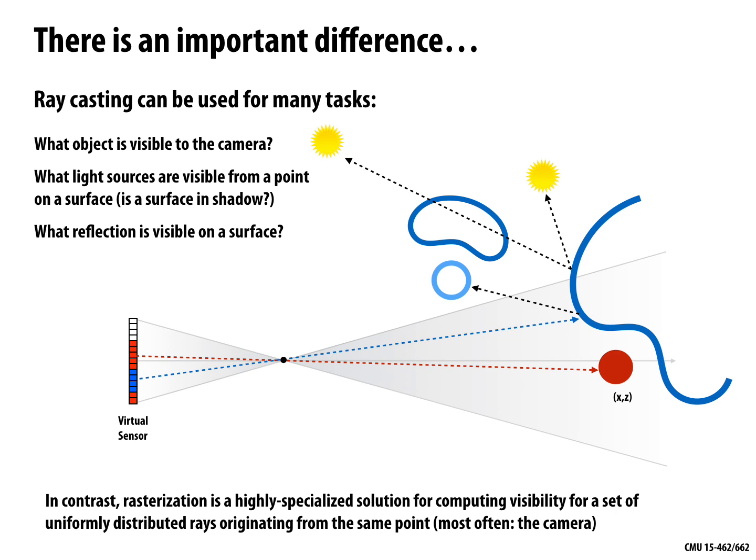We can shoot these rays out wherever we like. So we can test what light sources are visible from a given point. If we're trying to figure out whether a point is in shadow or not, we can figure out what reflection is visible on a surface. So if we have a shiny reflective object, how should we color it? Well, we have to shoot out a ray and see what it hits and see what the color of that object is. Right? These are things that are very hard to do with rasterization.